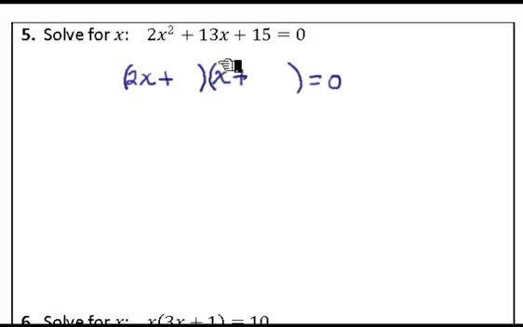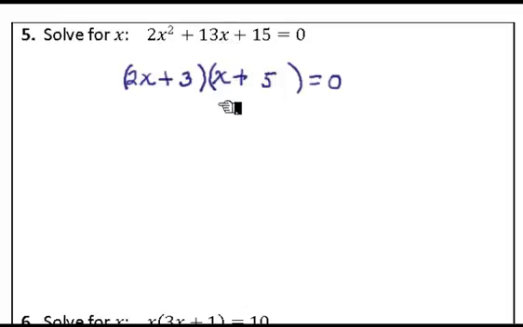For 15, we'll try 5 times 3, we'll put something here and something here, and we want to get that 13x in the middle. Alright, so let's put the 5 here, because then we'll get a 10x. We're getting closer to the 13, and the 3 here.